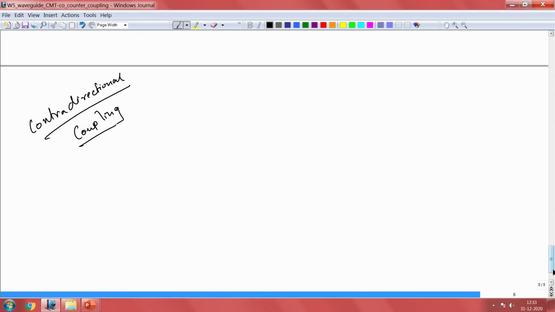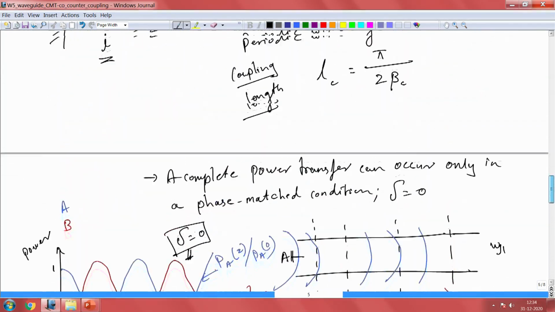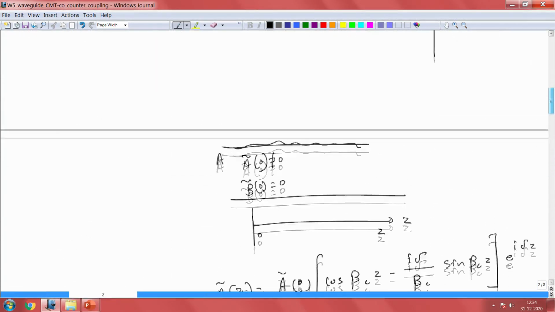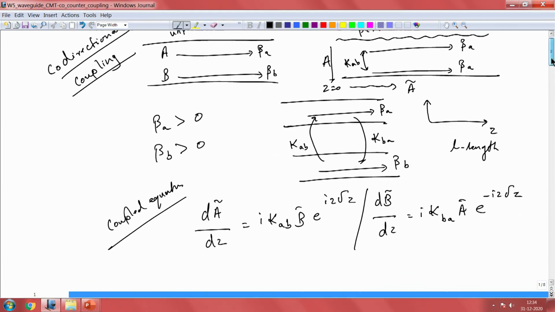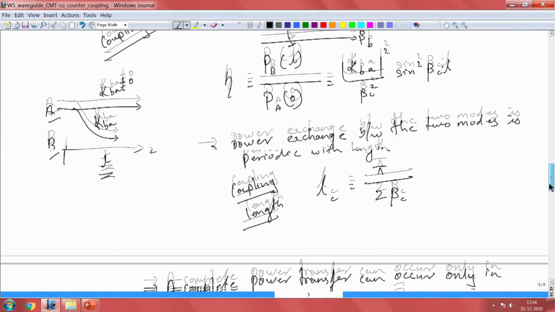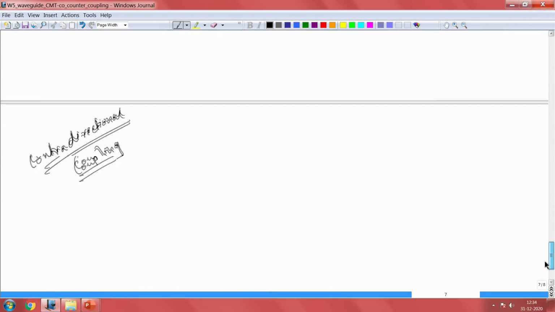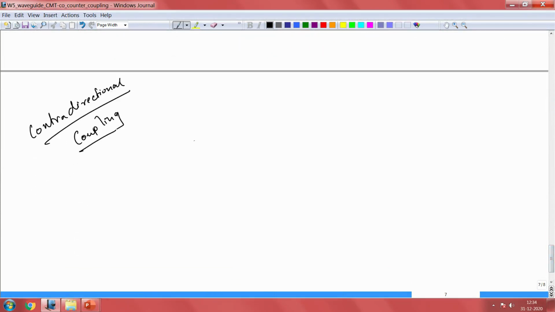Let me take you back to this cartoon where we saw the waves moving forward in a single waveguide and also in this two waveguide system. So, in both the cases we have waves that are parallel and moving in the same direction, but here in counter-directional or counter-propagation we are going to have it in opposite direction.